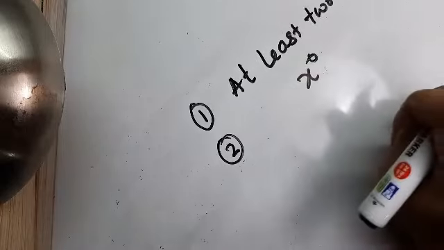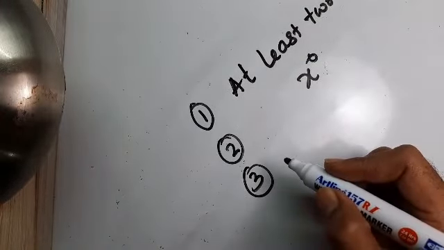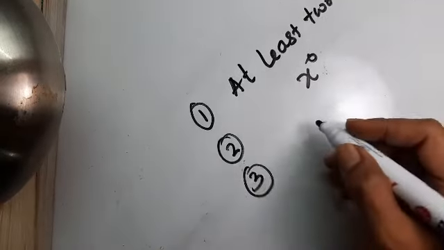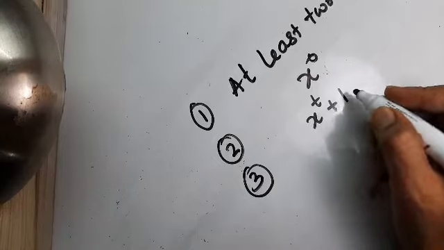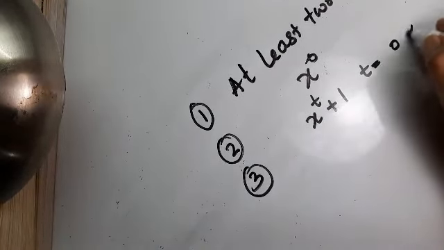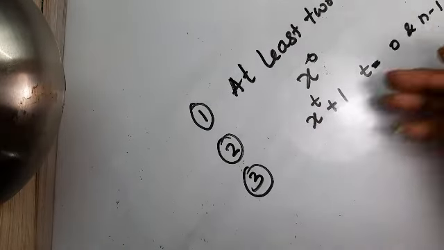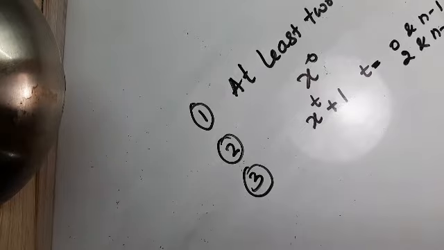Three, it should not divide x raised to t plus 1 for t values between 2 and n minus 1.